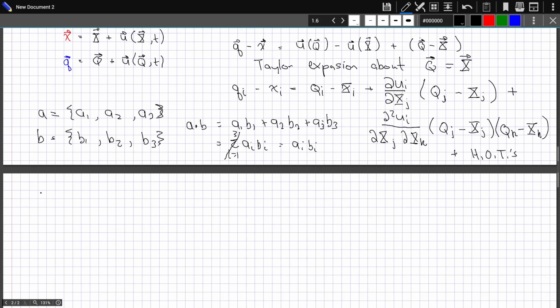In indicial notation, repeated indices in terms, remember what I said a term is, imply summation.